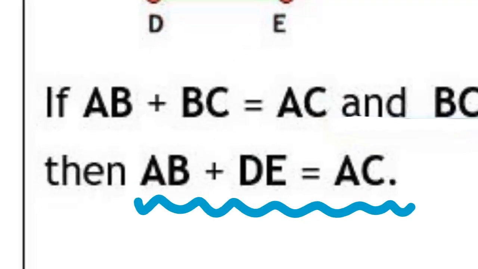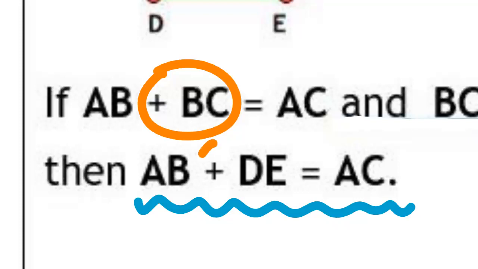The order. What changed? I heard BC. Where is BC in my then? It's DE. So we took one thing out and we put something else in. What lets me take something out and put something of equal value in? Substitution.